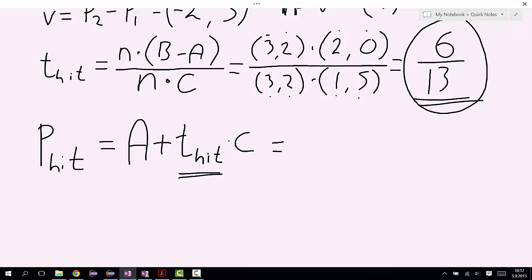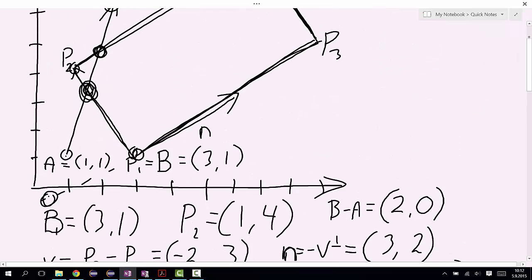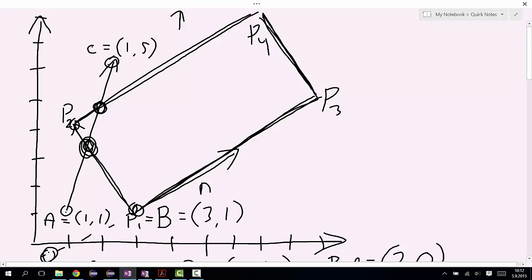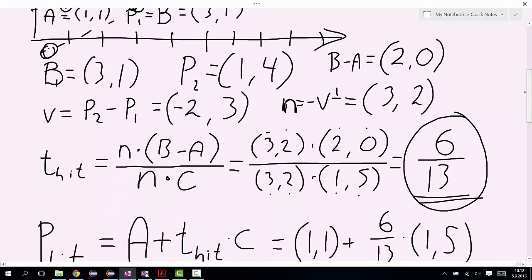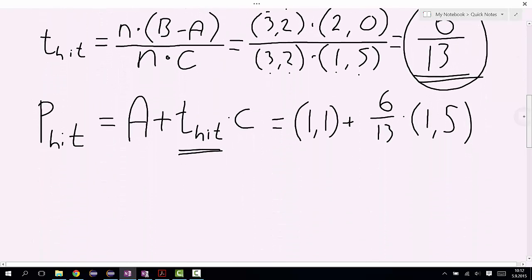So in our case, this gives us A was (1, 1), plus T hit, which was 6 by 13, times C, which was (1, 5). Okay, so let's see what we get here. That gives us 1 and 6/13.